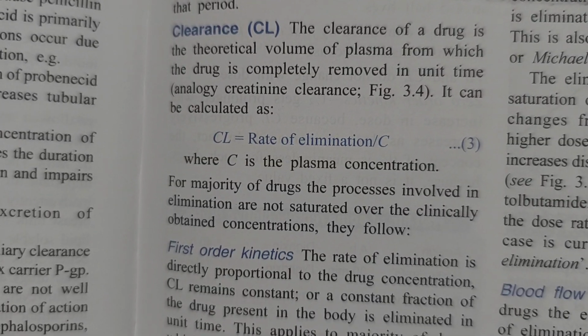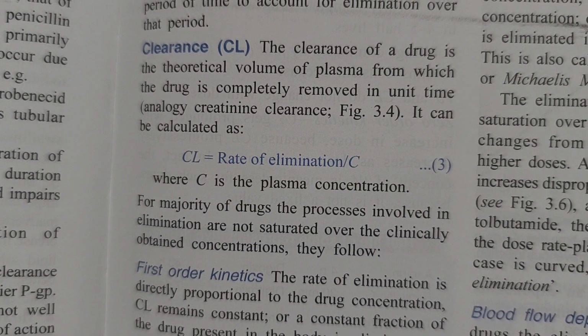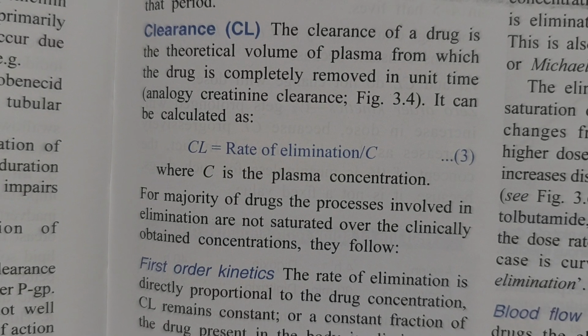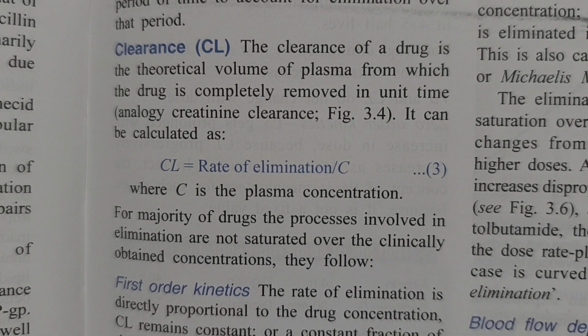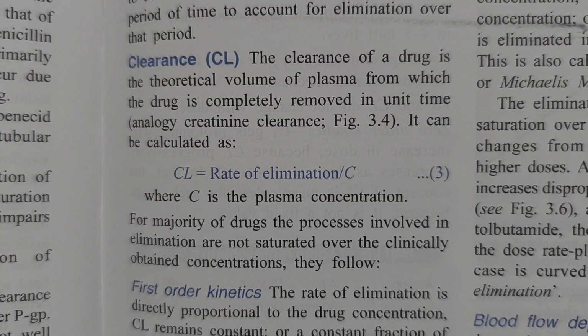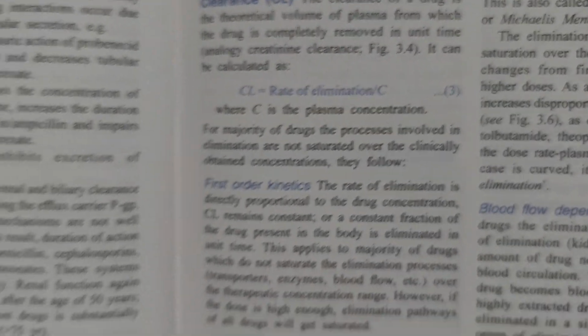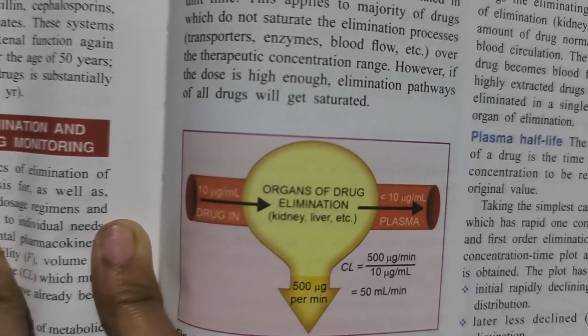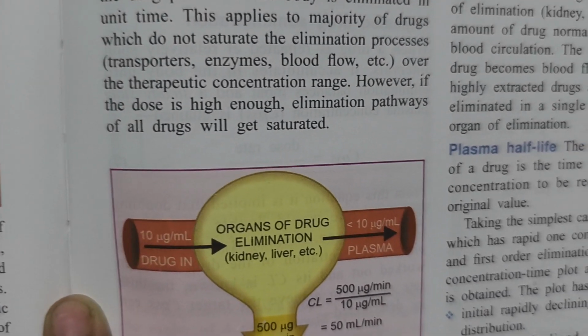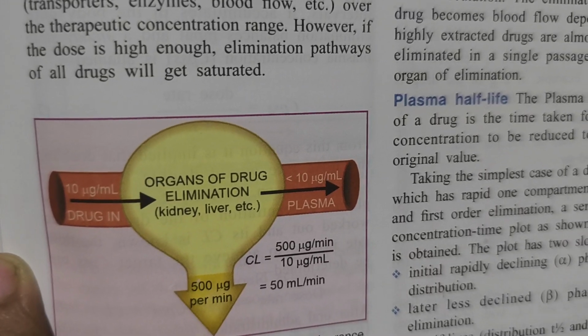Clearance. The clearance of a drug is the theoretical volume of the plasma from which the drug is completely removed in the unit time. Analogy: creatinine clearance, figure 3.4. So, 10 microgram per ml of drug enters.